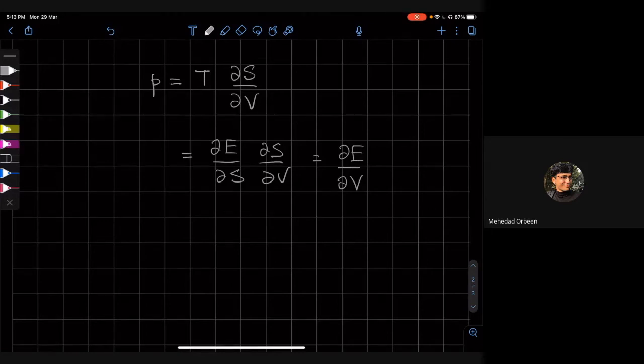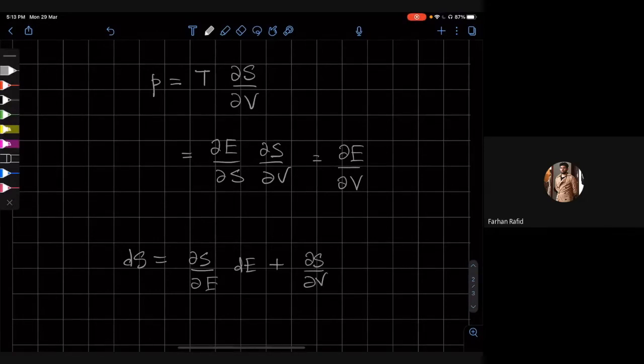So the definition of pressure tells us that it's given by dE by dV. So this means that if I now change the entropy, the entropy is now a function of energy and it's a function of volume.